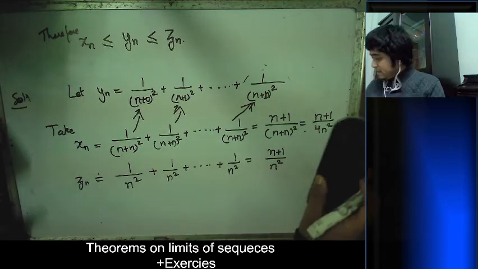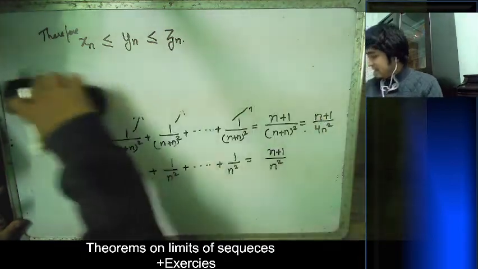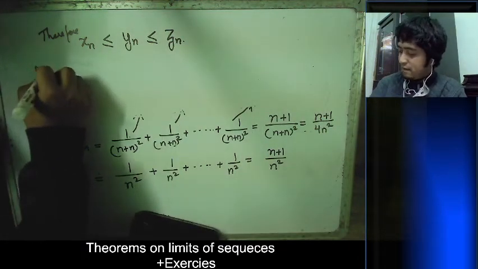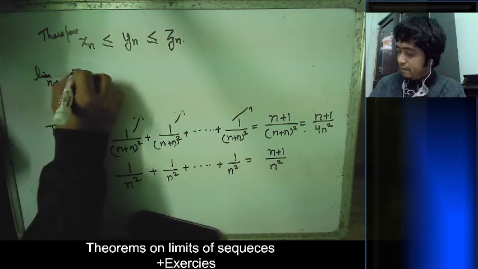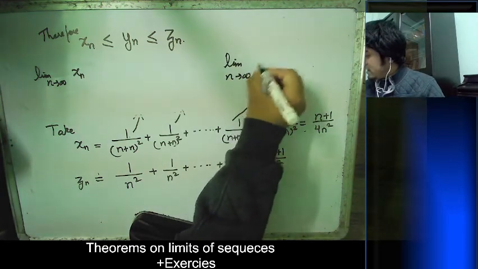After doing this, now we need to find the limit of xn and the limit of zn as n tends to infinity.